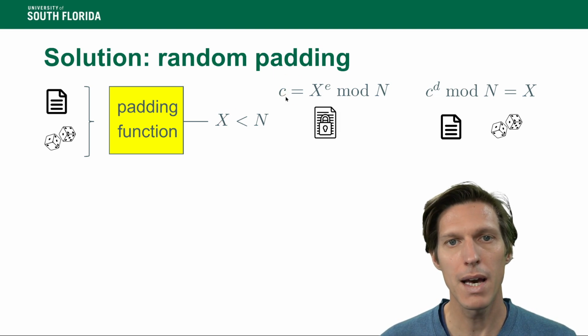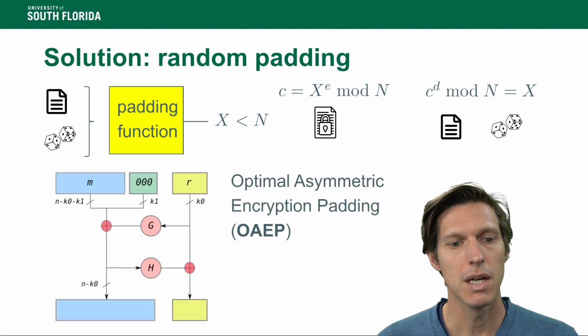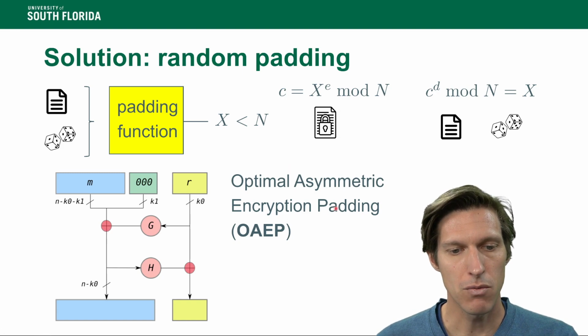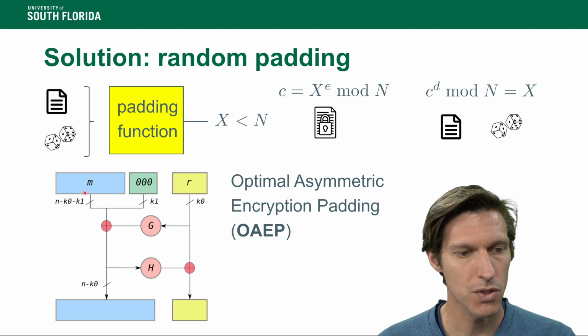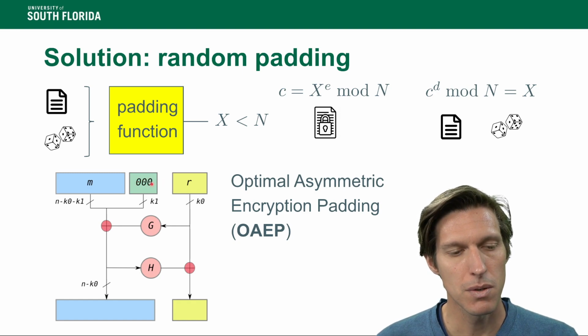Okay, now what kind of padding function can be used? The standard to provide security is the optimal asymmetric encryption padding, OAEP. So how does this work? You create a block that contains your message, then you put it next to a block of formatted data. So typically a bunch of zeros, okay?